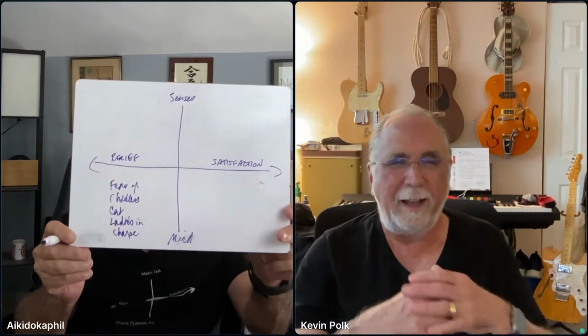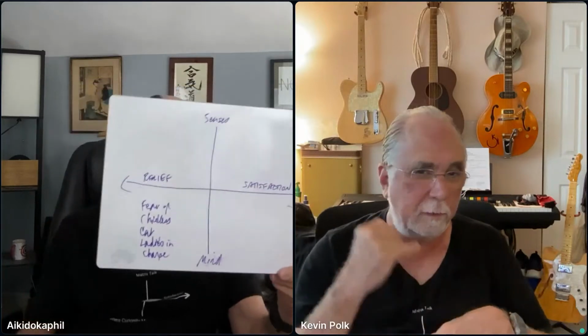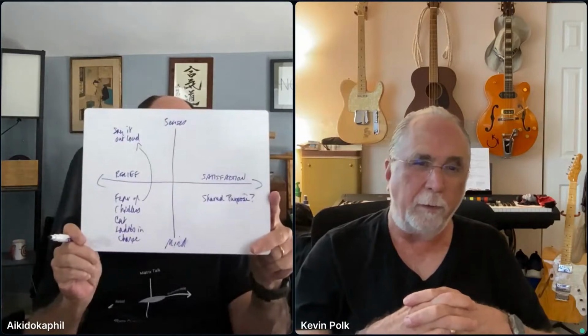I want to look at it from the point of view of the shared purpose, because anybody who knows J.D. Vance, show him the Matrix and say, here you go, you can try and figure out why you were spouting off about doing the behavior of saying out loud your fear of childless cat ladies. That's a behavior that we can all see. So were you doing it for satisfaction, or were you doing it to get relief?